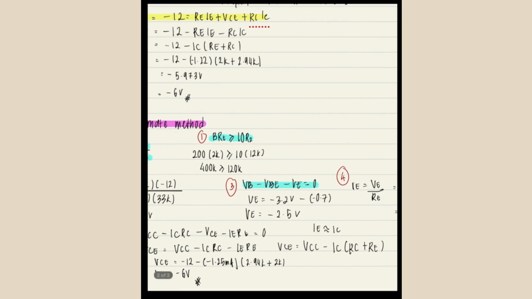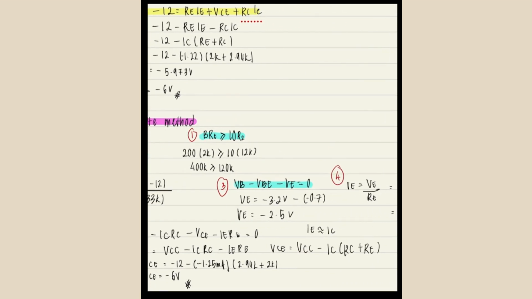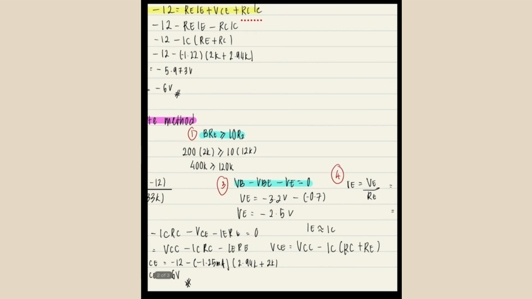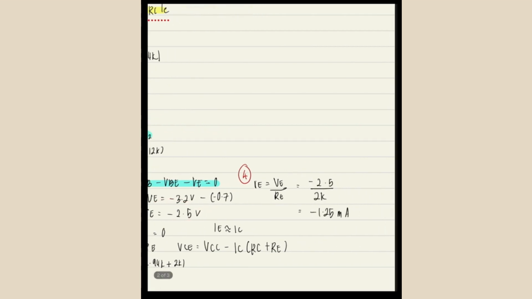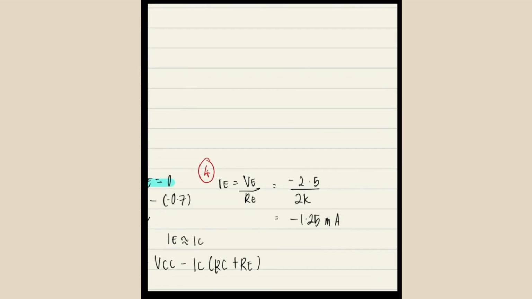And third, we want to find VE by using KVL, VB minus VBE minus VE equals 0, and get VE equals negative 2.5 volt. And fourth, we want to find IE by using Ohm's law, VE over RE, and get the answer negative 1.25 milliampere.